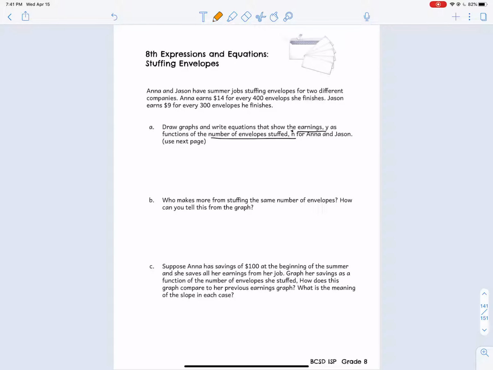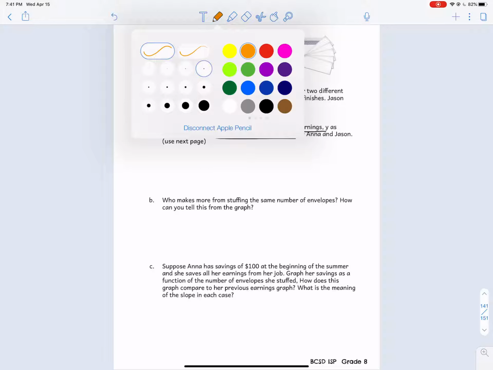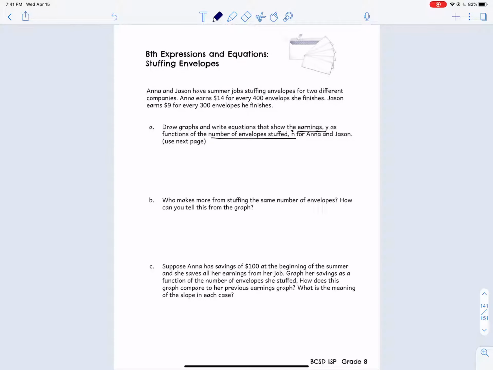Now it says to write equations. So we need rates. I'm going to do Anna's here and then Jason over here. Anna makes $14 for every 400 envelopes. So we need to make a rate: dollars is our slope, dollars per envelope.